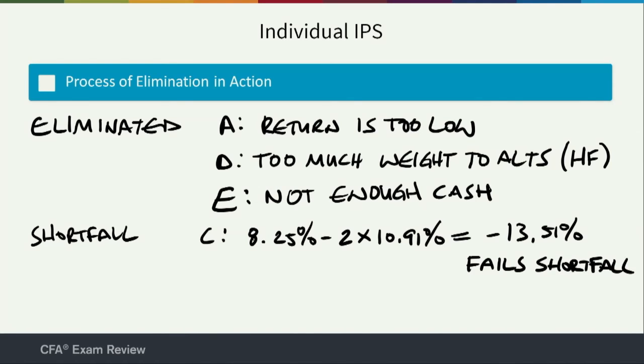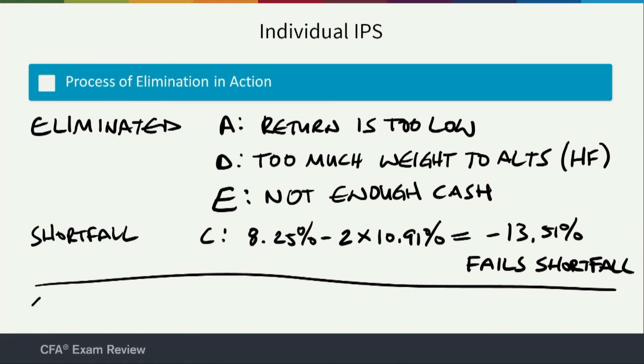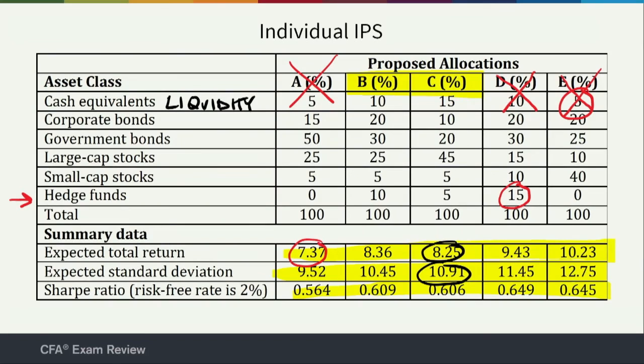And just to confirm the portfolio that we want to choose, the one that is left. The only one that is left now is B, that satisfies everything. So portfolio B, if I go and take a look, what I'm hoping is that it satisfies the shortfall criteria. That's the only thing that's left.